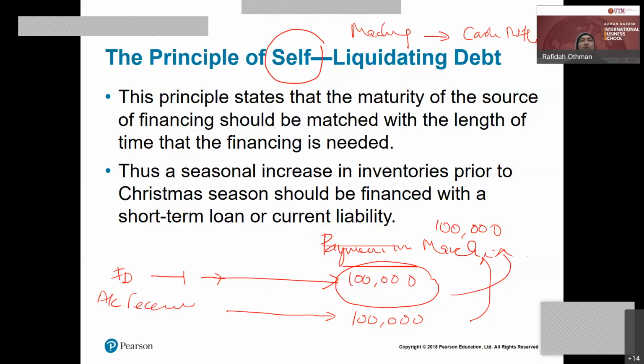The principle states that the maturity of the source of financing should be matched with the length of time the financing is needed. So a self-liquidating debt will mature and set off by itself. If you can do this, you are a good finance manager who can manage your cash flow effectively.